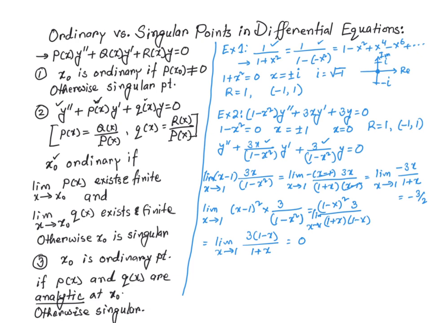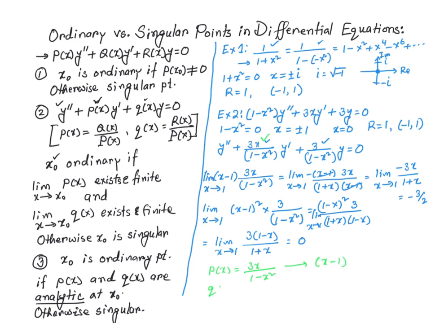So note that I have multiplied the p of x, which is this guy, p of x is equal to 3x over 1 minus x squared, by x minus 1.